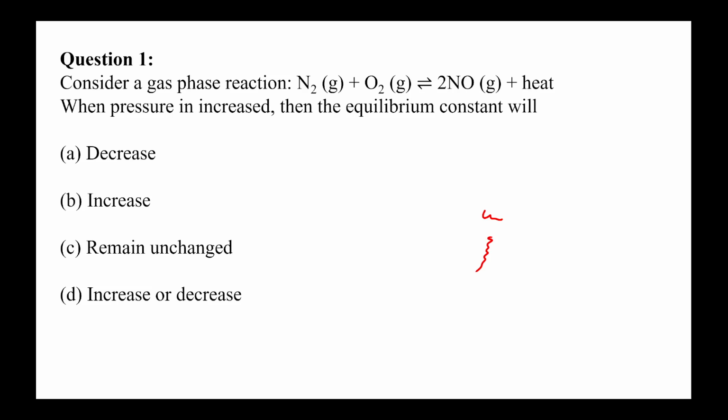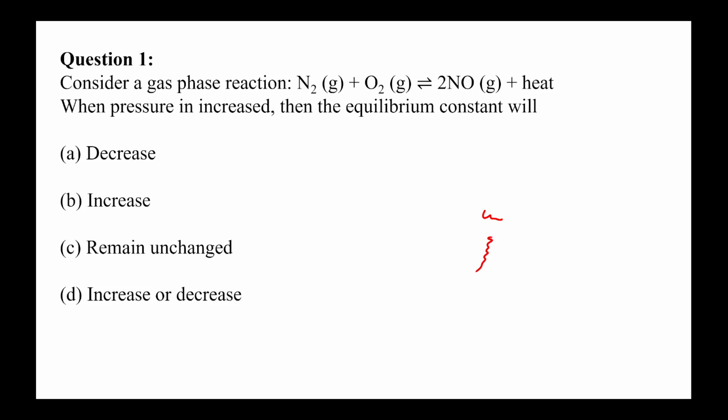There will be no change in the equilibrium constant. What will happen is there will be a shift in equilibrium. Maybe the rate of the forward reaction will increase till the point that the rate of the forward and the reverse reaction again becomes equal. That is the only change that is going to happen.